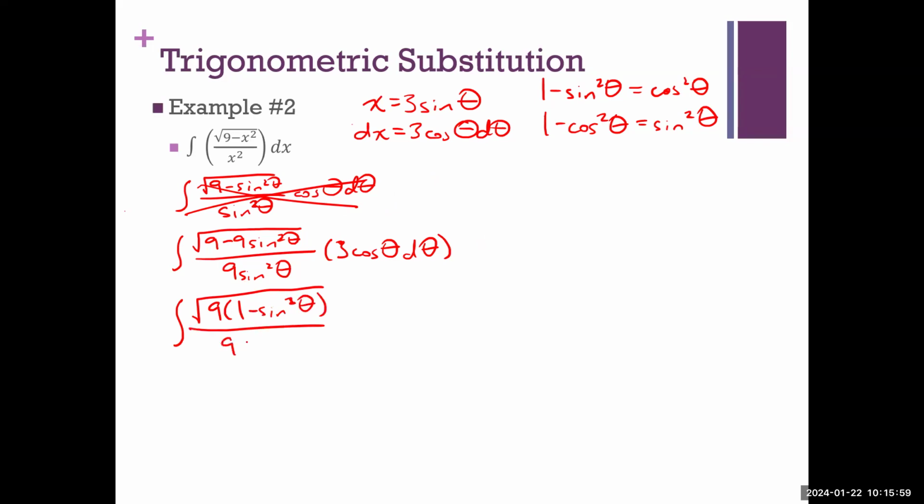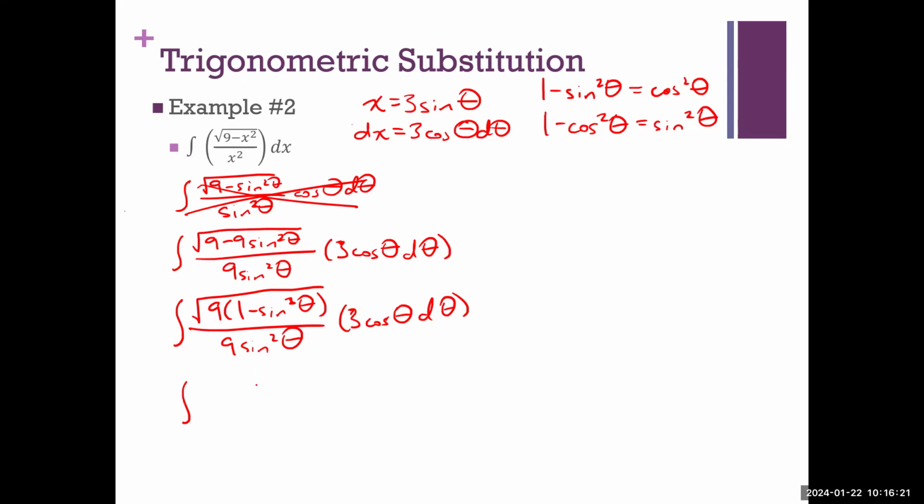Leave everything else alone. Did that make it clear that the radical is now going to be something we can get rid of? Right, so the identity makes 1 minus sine squared theta equal to cosine squared theta.